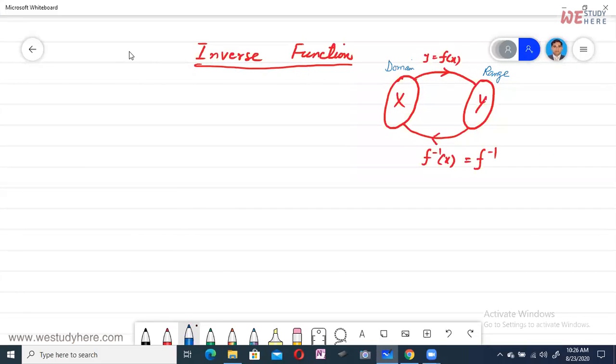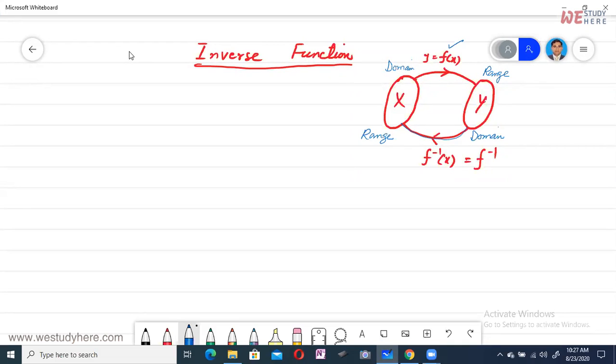Here, one thing you can check, in f of x, the first set is the domain and the second set elements will be the range elements. But in f inverse of x, as it starts from y, going from y to x, the domain will be the elements of set y and range will be the elements of set x. It means in function and inverse function, domain and range exchange each other.